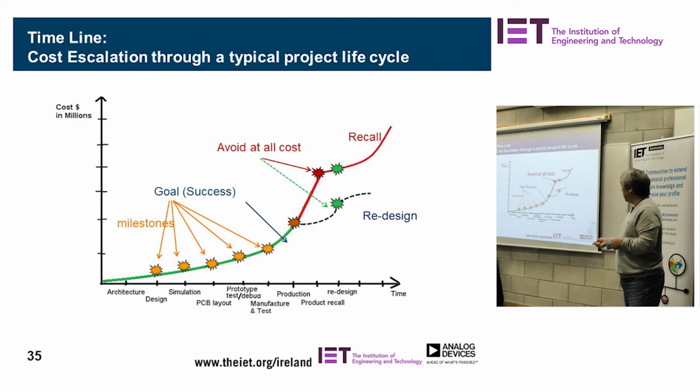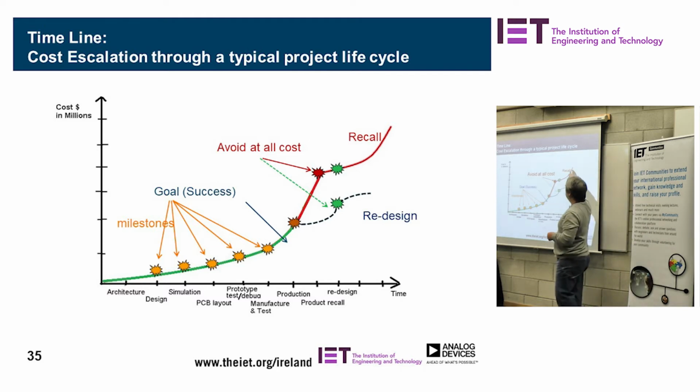So we try to say, okay, what improvement can we make? We try to focus more down here, on what we can actually improve without any recall the first time, and help the production at the same time. So avoid redesign and recall. If you're down here and have a recall, you go back to the drawing board and start again. So you can see the escalation.